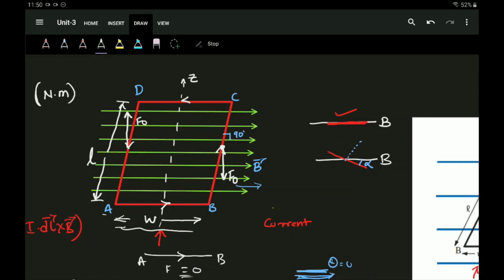So what happens if I use the right hand rule? Again, my magnetic field lines are pointing inwards, current is flowing here, and the force experienced will be upward, right?